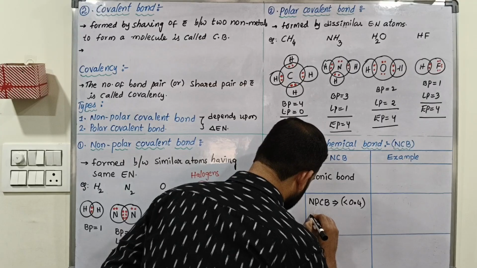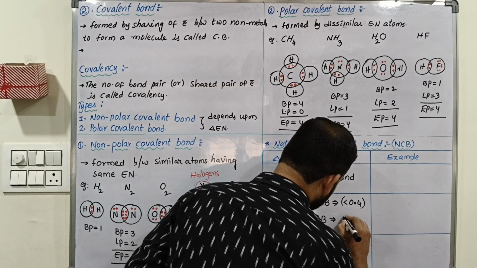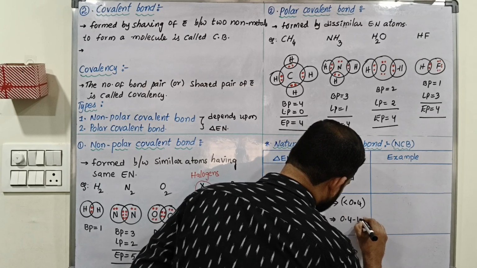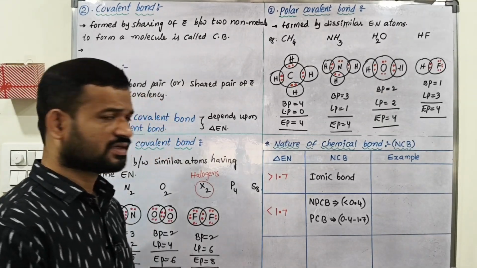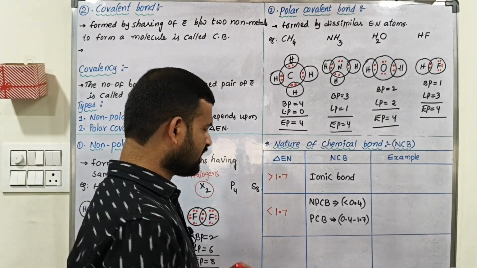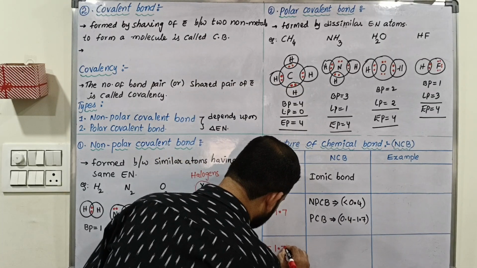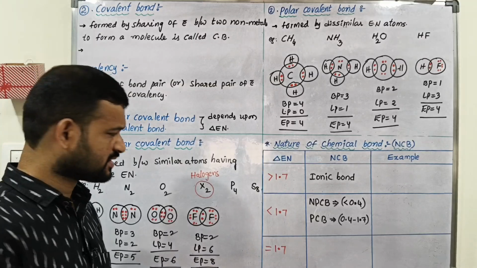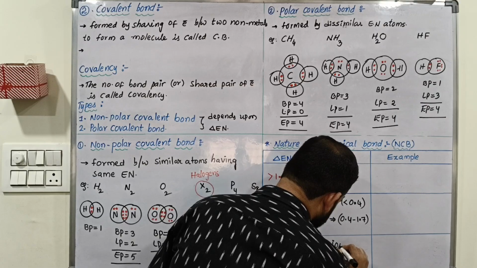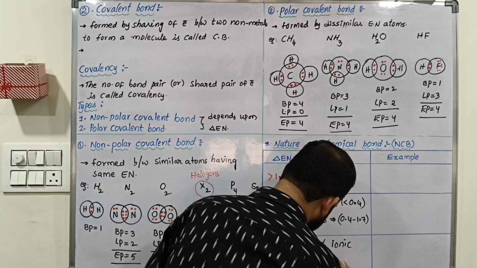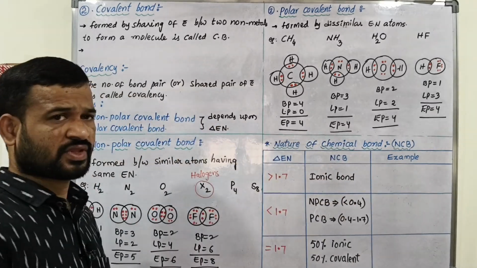And for a polar covalent bond, the electronegativity difference is between 0.4 to 1.7. Understand? Clear? Next, if the electronegativity difference is equal to 1.7, here it is 50% ionic and 50% covalent.